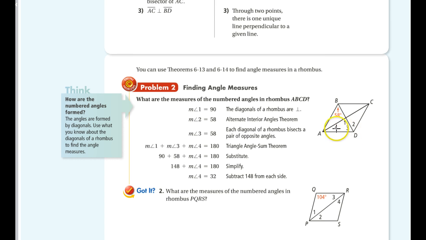Alright, now we can look at this triangle right here. We already know angles 1 and 3, so the triangle angle sum theorem lets us find that angle 4 is going to be 180 minus the sum of 1 and 3, which gives us 32. Okay, so let's take a look at some problems for you to try out.